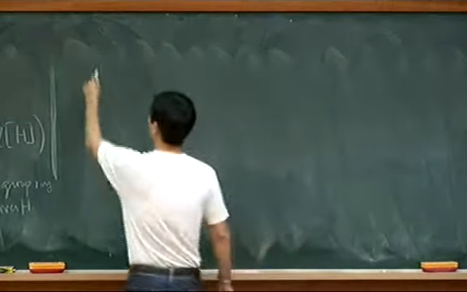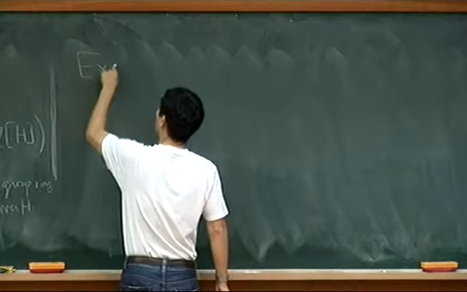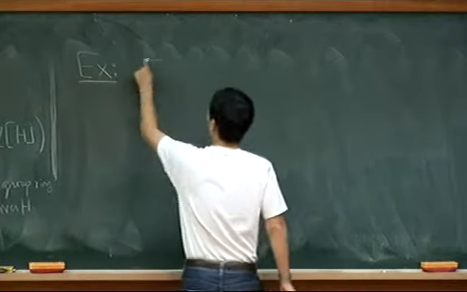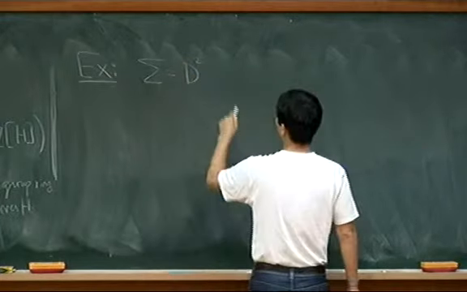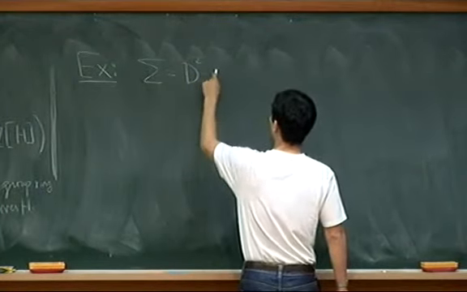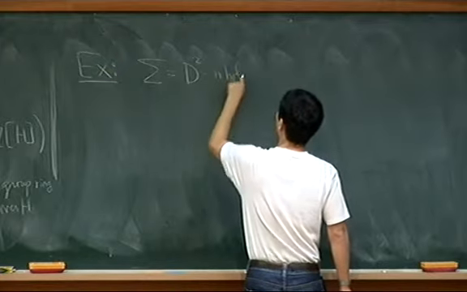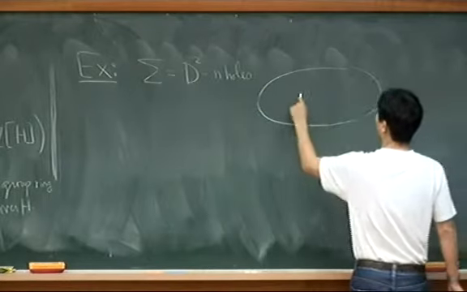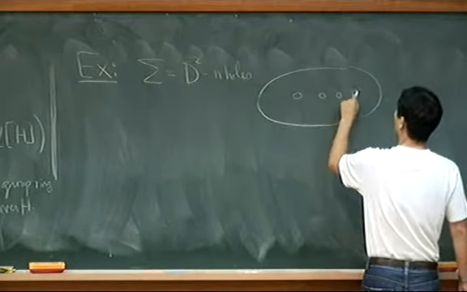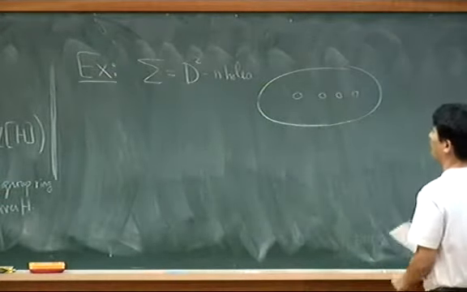Since there's some demand for some explanation, you have sigma. Let's say sigma is a disk with n points removed, n holes. So in this case, you have something that looks like this, a disk with n holes.